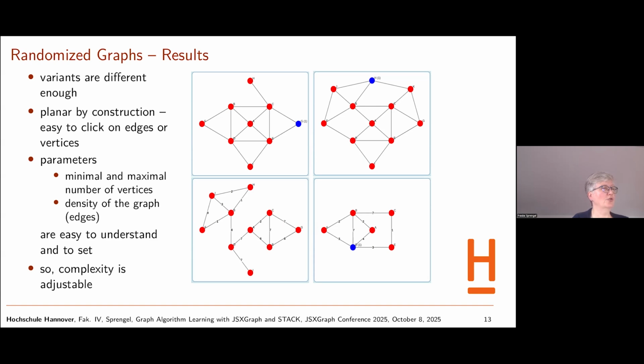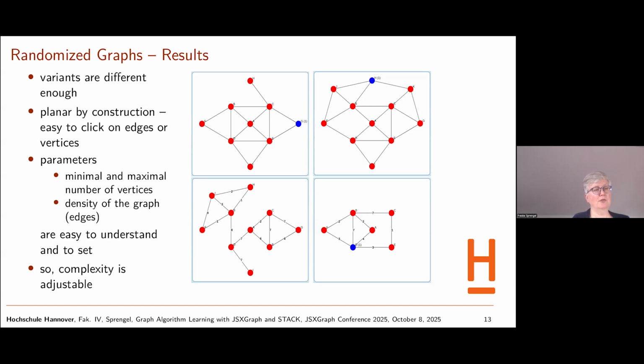You can choose the minimal and maximal number of vertices, and you can choose the density of the graph. So how many edges do you want to leave from the original graph? These parameters are really easy to understand and also to set.